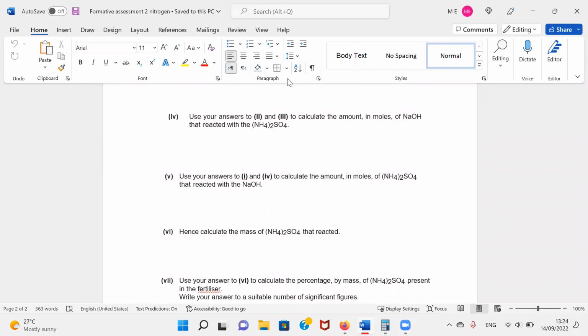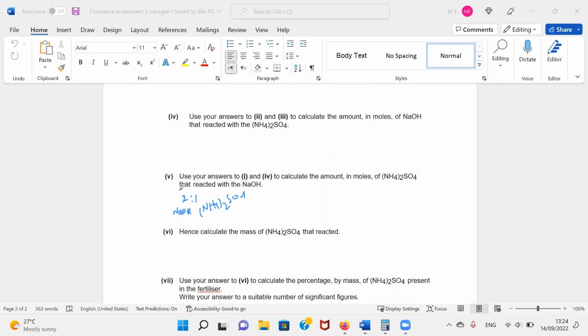And also we know from the equation that sodium hydroxide to ammonium sulfate is in the ratio of 2 to 1. This is sodium hydroxide, and this is the ammonium sulfate. Fine.